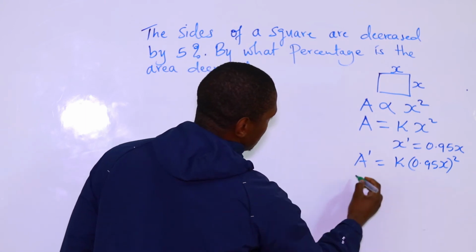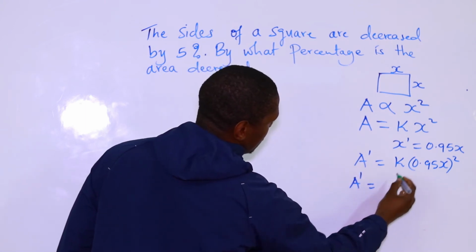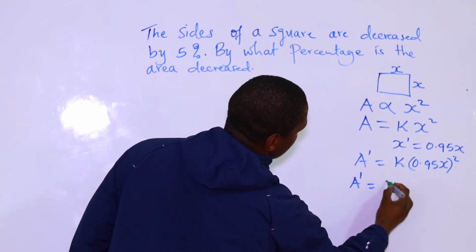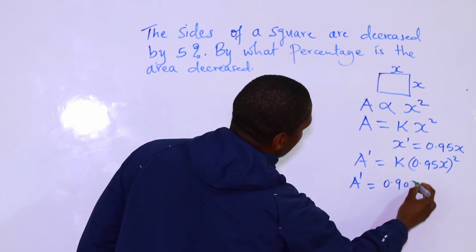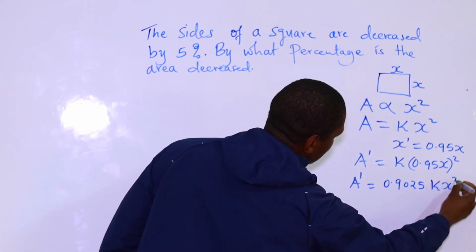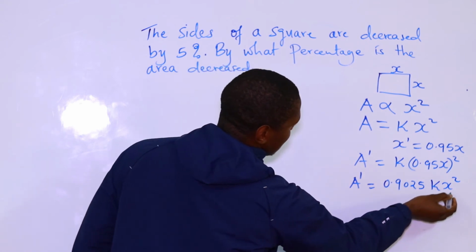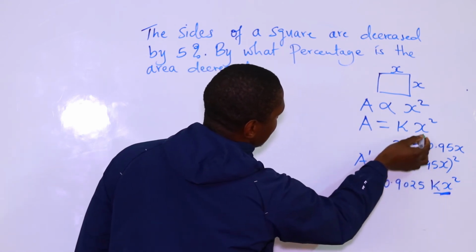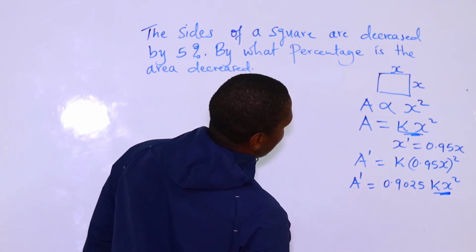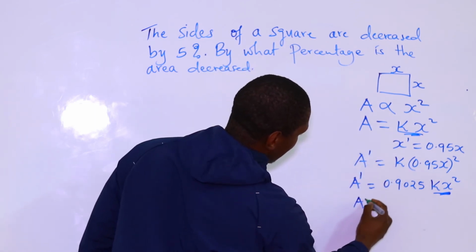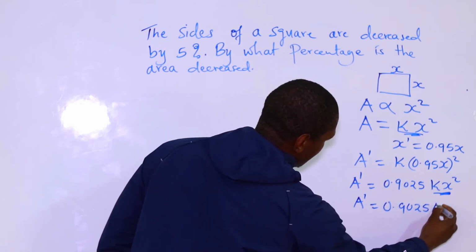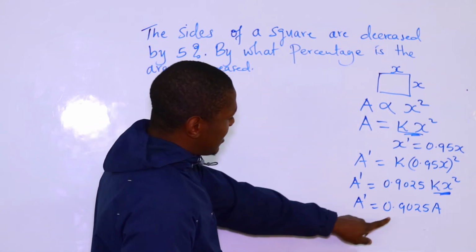If we square this, we'll have our new area, which will be 0.95 squared, which is 0.9025 kx squared. And we can see that this kx squared is our area A. So A prime is equal to 0.9025A.